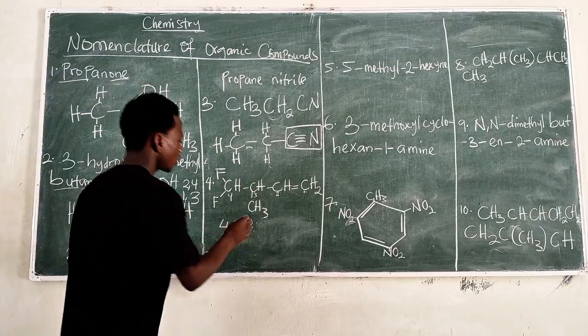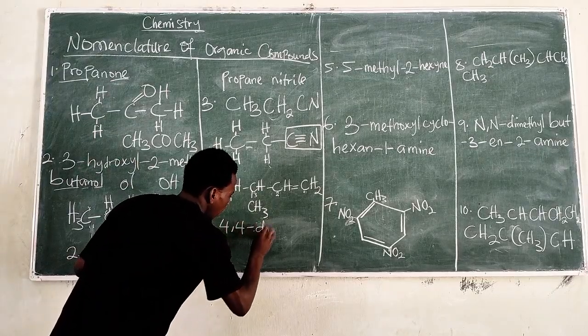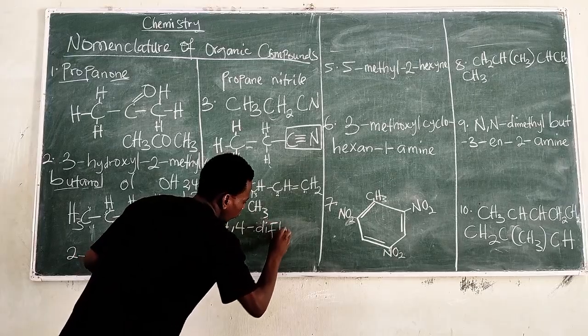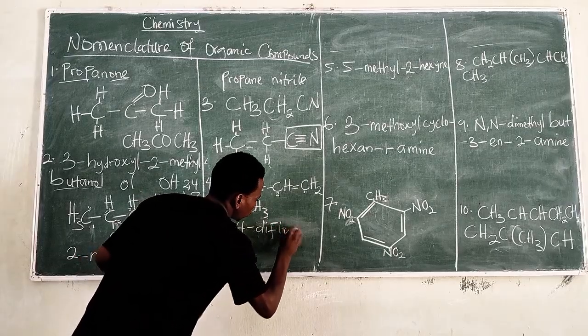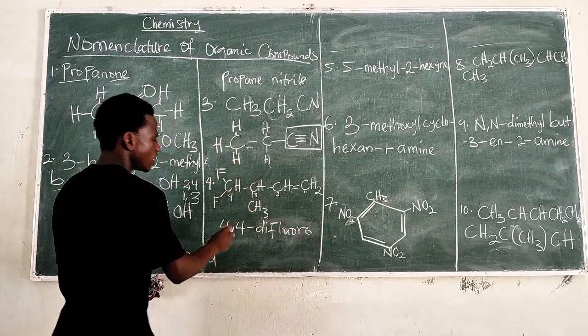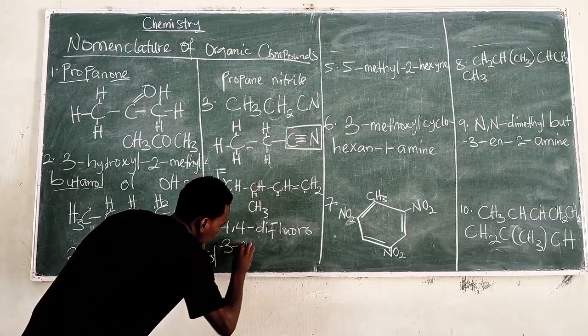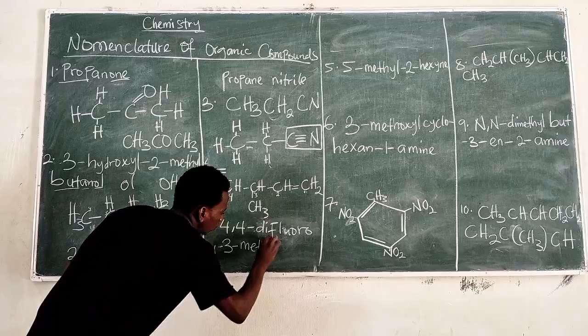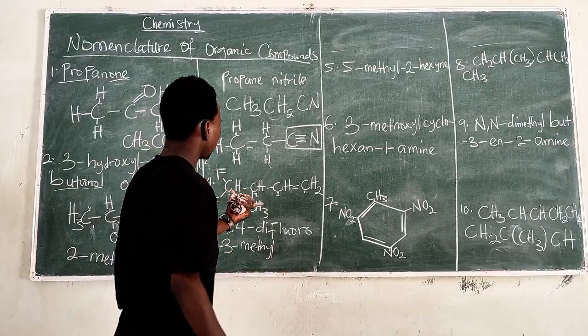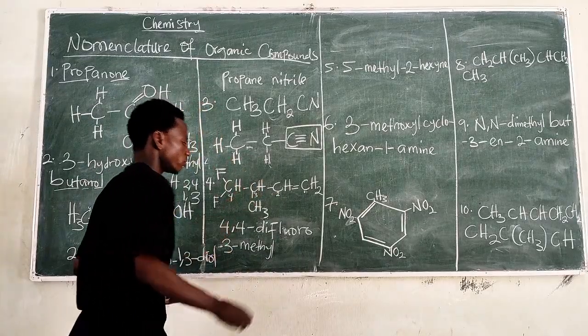But we have 2, so it's going to be 4,4 difluoro. Then on position 3, we have a methyl. And then the longest continuous carbon chain is 4 carbon atoms, which is but.